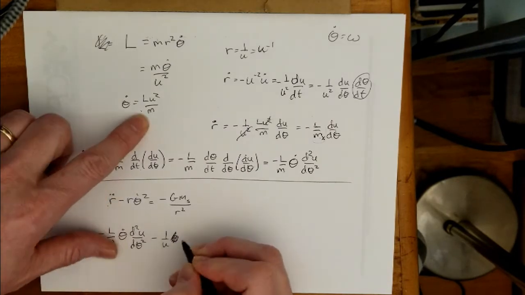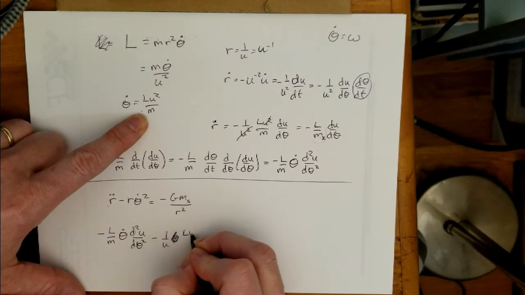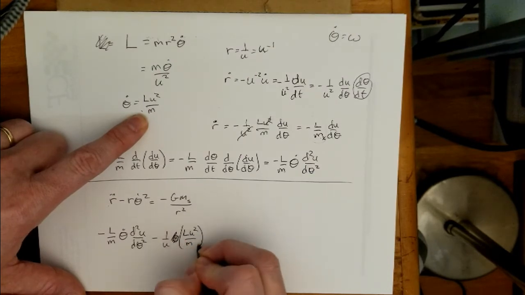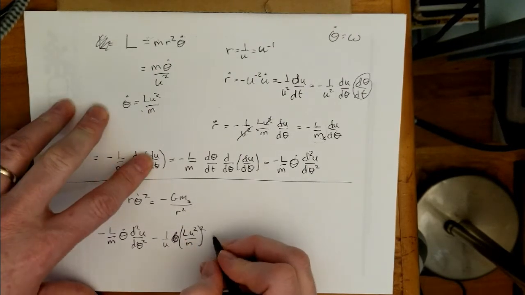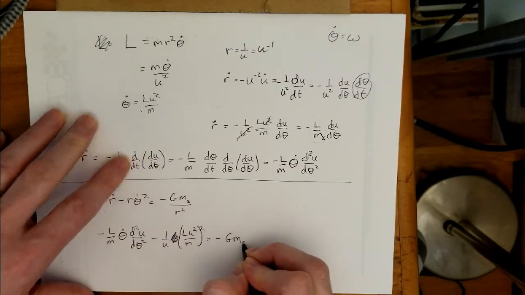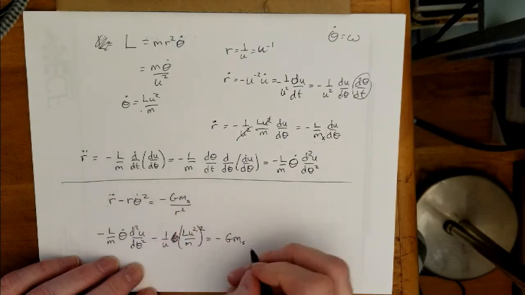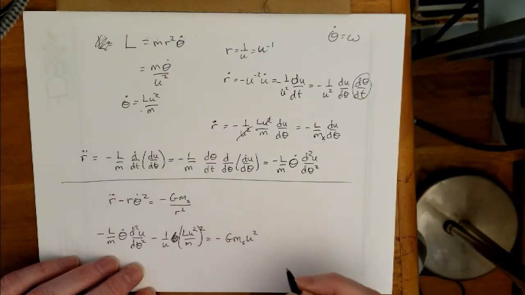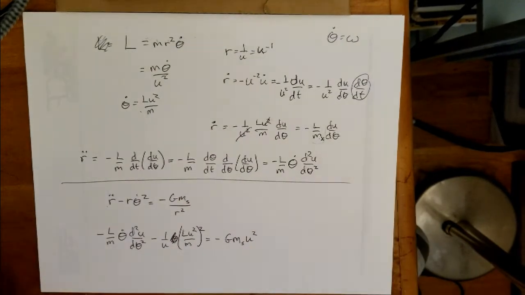Well, actually we have theta dot right there, so this is L u squared over m, squared, equals negative G times the mass of that central object times u squared. It does simplify nicely here. Well, at some point it will simplify nicely.